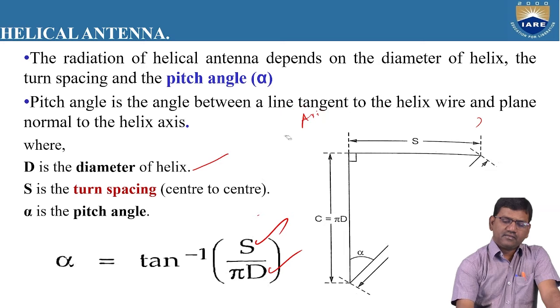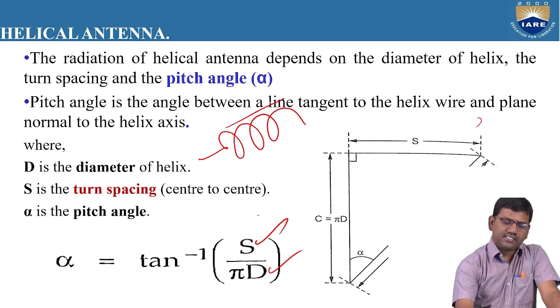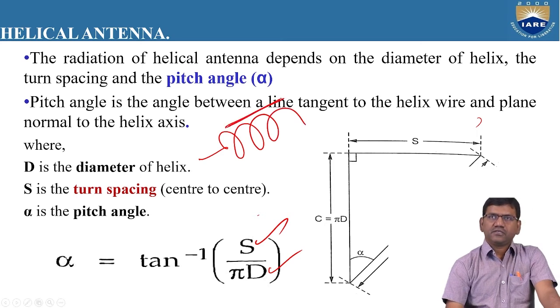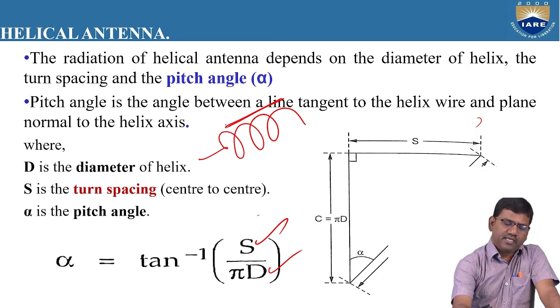You can draw it again here. This is the tangent to the helix wire, and this is the plane normal to the helix axis.